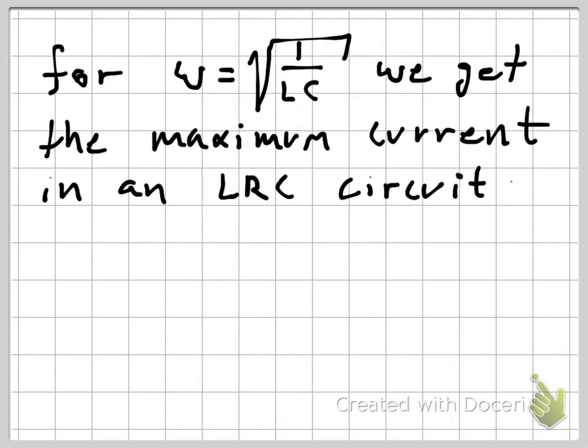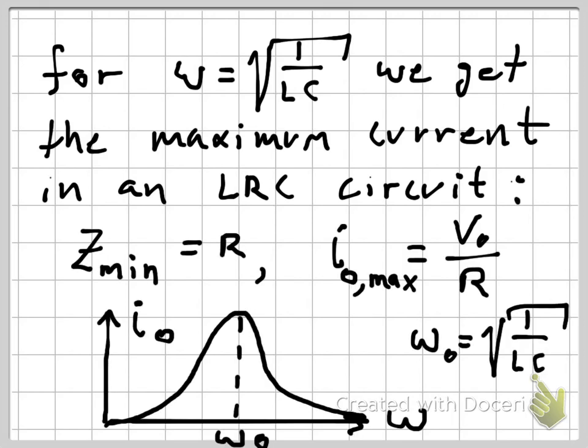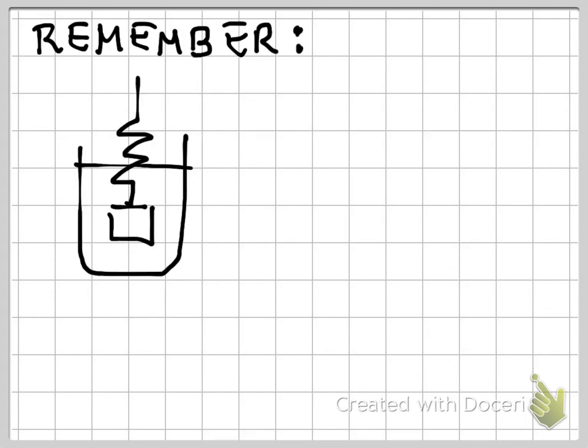This resonant behavior that we're finding here is the same principle as the resonant behavior that we discussed before when we talked about a mass and spring system. For the circuit that we have here, we found that the maximum peak current happens when the frequency of the applied source voltage matches the natural frequency of the circuit.